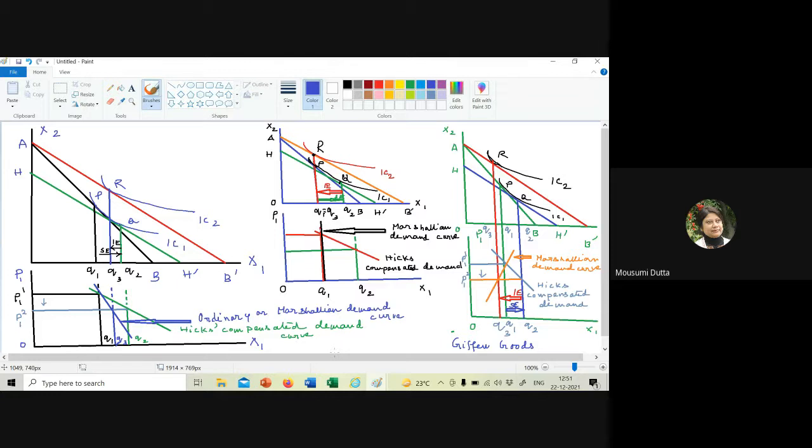So call this figure 2A, 2B, then this 3A, 3B, and the last one 4A, 4B.